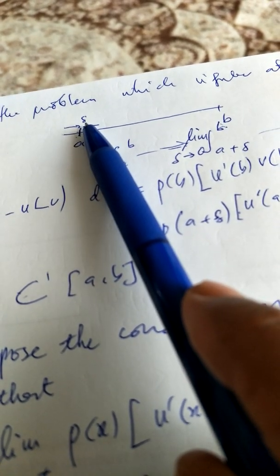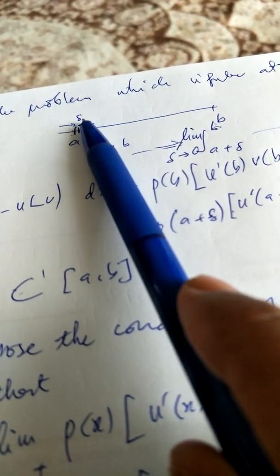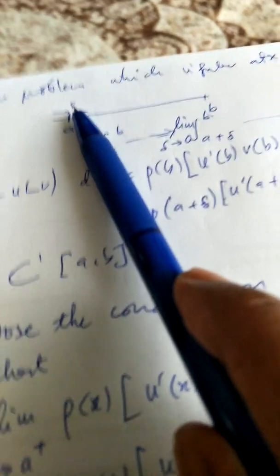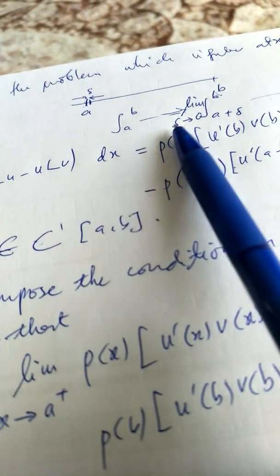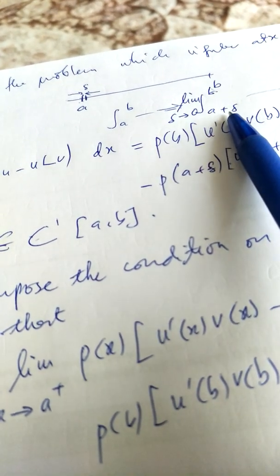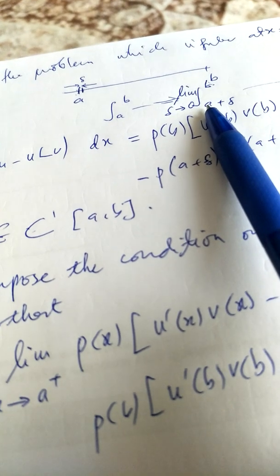It means that we take delta small enough, or I can say we take the limit delta tends to 0. So what happens if delta tends to 0? This a plus delta tends to a, so it comes very close to the point a.